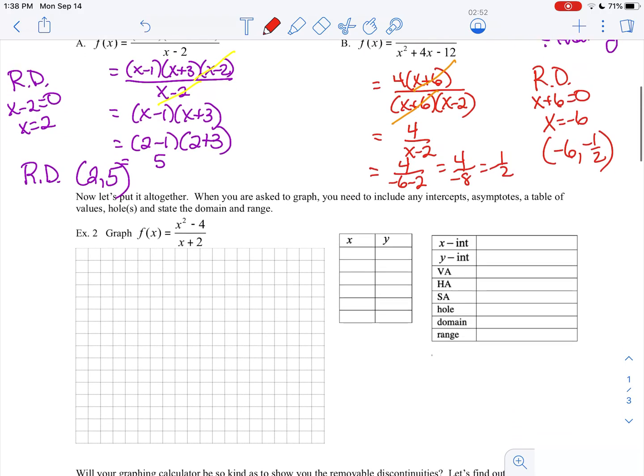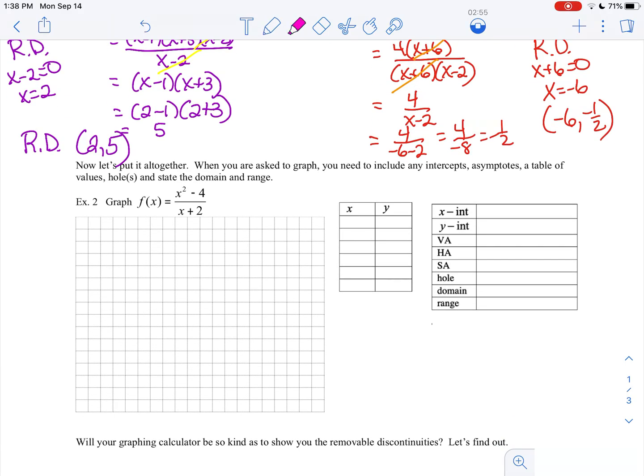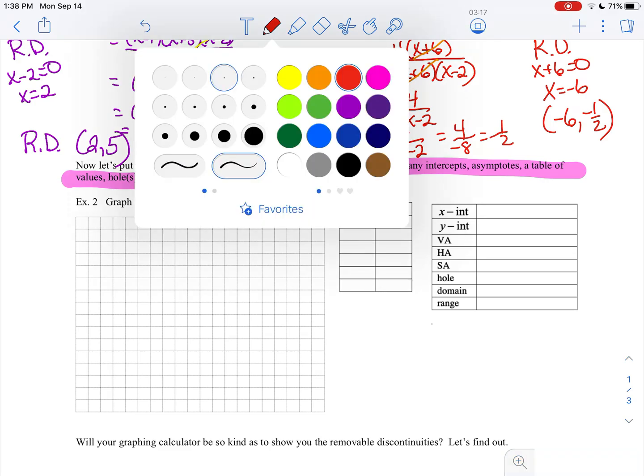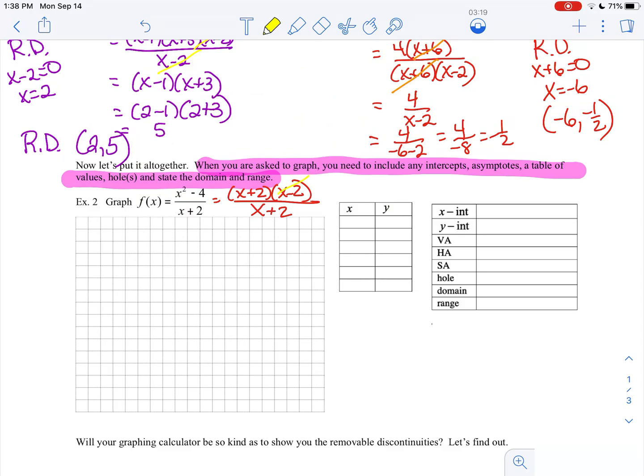All right, now we're going to put it all together. When you are asked to graph, it is assumed you're going to do all these things, and I'm going to help you by creating a table of values and a table with the indicated information. So what I do is I just look at my rational function and I just start factoring. So the numerator factors into x plus 2, x minus 2. I can cancel the common factor.